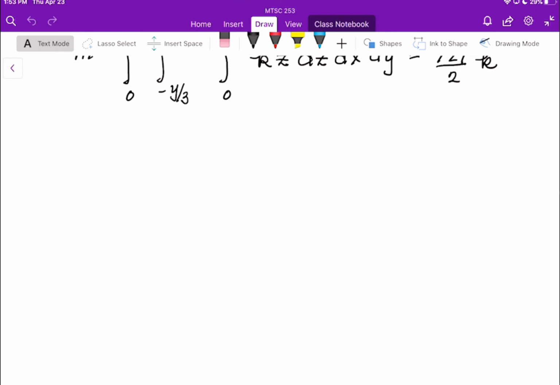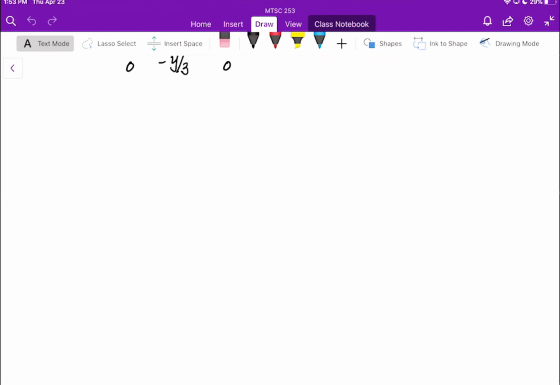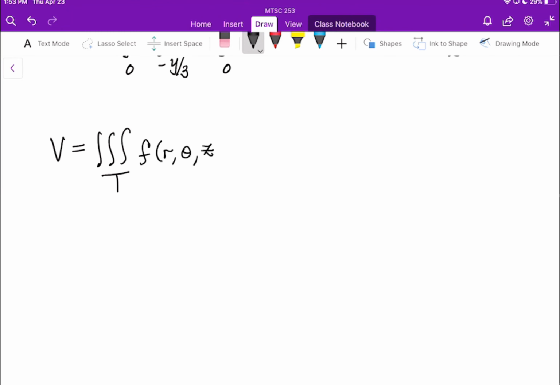Believe it or not, when you have the volume, it is the triple integral over T of some F of r, theta, and z, r dz dr d theta.